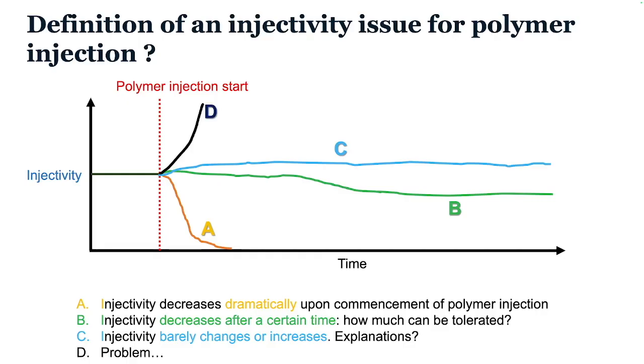And then there is D, where basically the injectivity increases also very fast. It can be a problem where here you might have created fractures, but the question is how far they have gone. Have they broken through the caprock, or is it just something that maybe you were expecting, or that you want to create a pre-frac to enhance the injectivity?